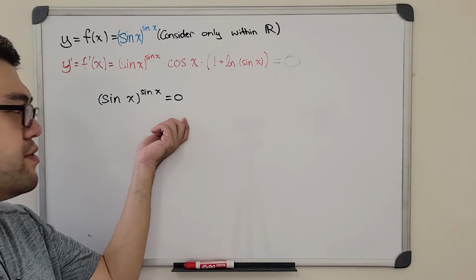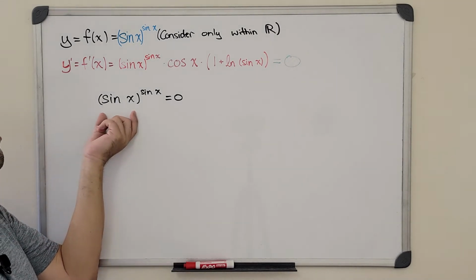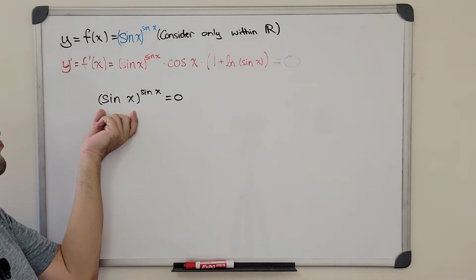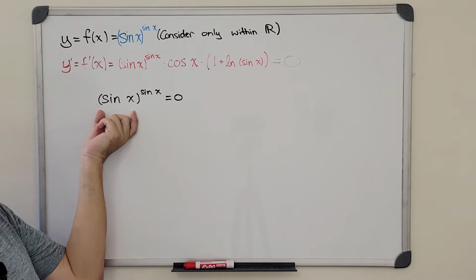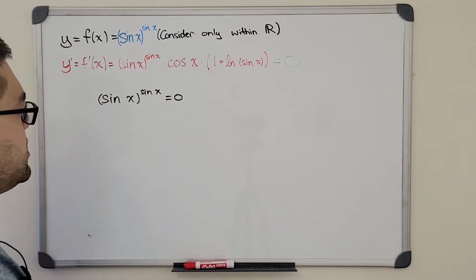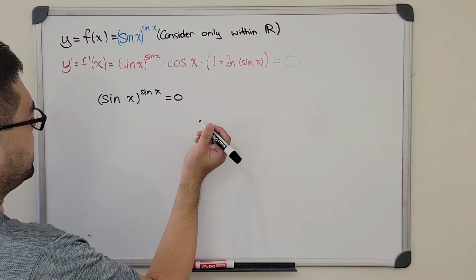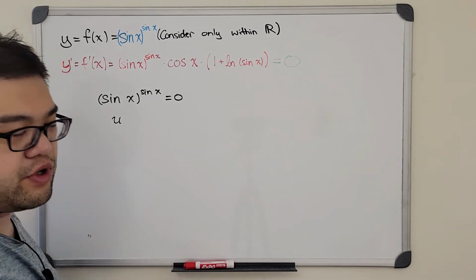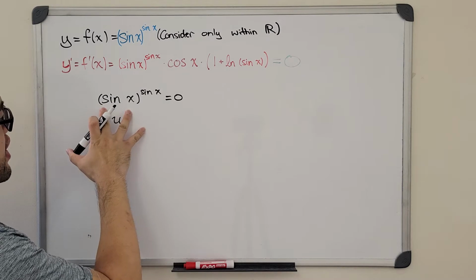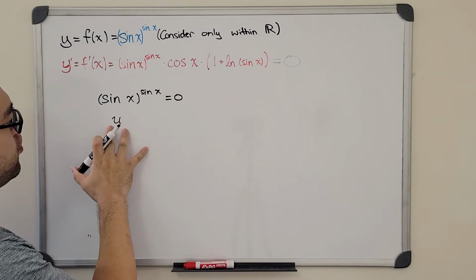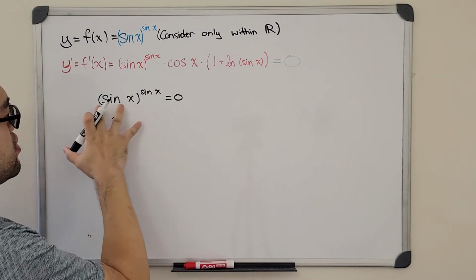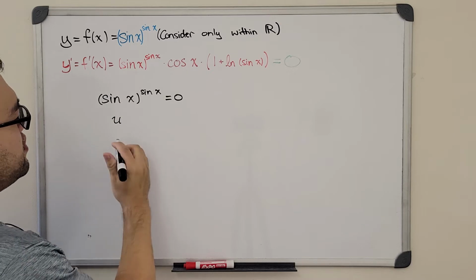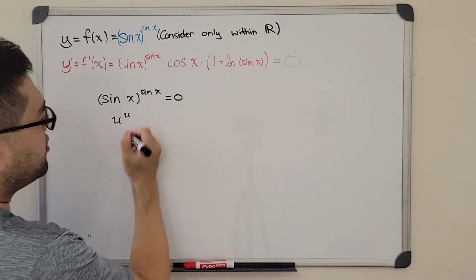When would this happen? Well, first, do we agree that sine of x is just another function? Let's call it using a different variable. Let's say u, which is similar to a u-sub. Then in this case, if we let u be sine of x, the left hand side is just equivalent to u to the u power.